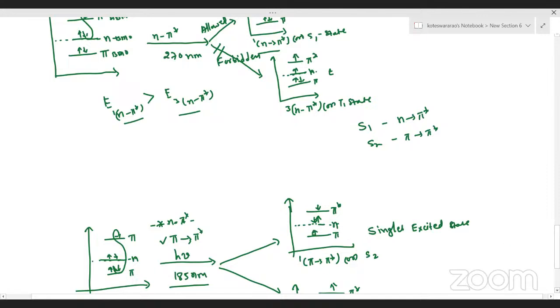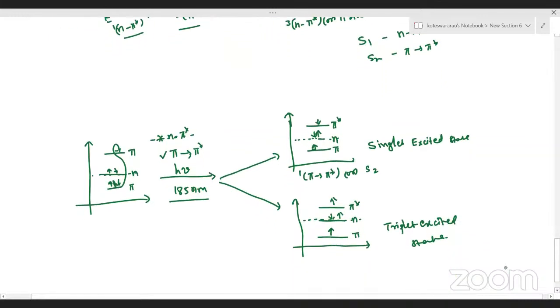Now you come to the triplet state. It is the triplet, superscript 3, π to π star, or it is represented as the T2 state. What is the T1 state?